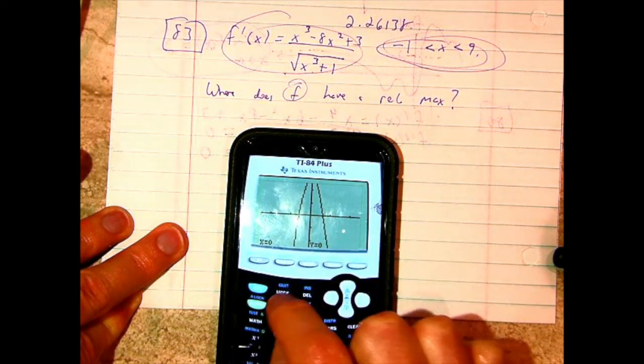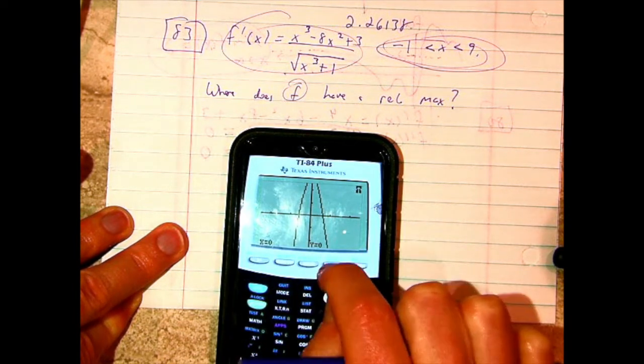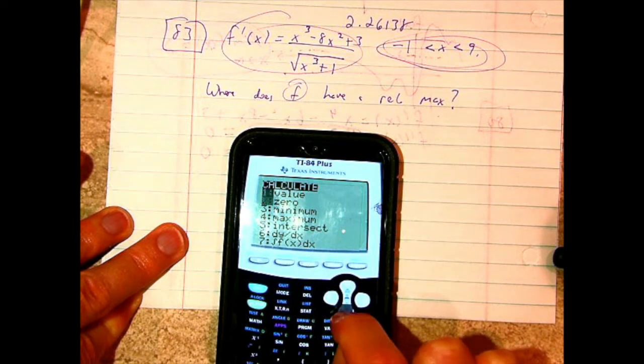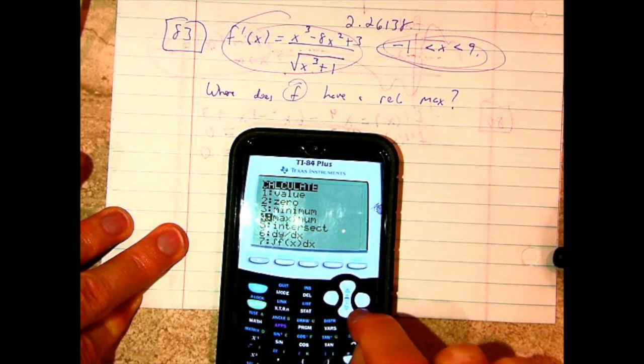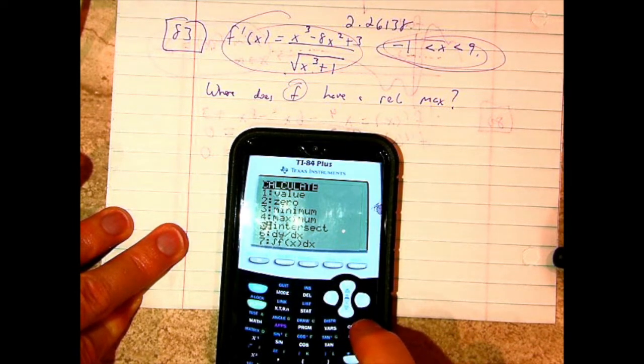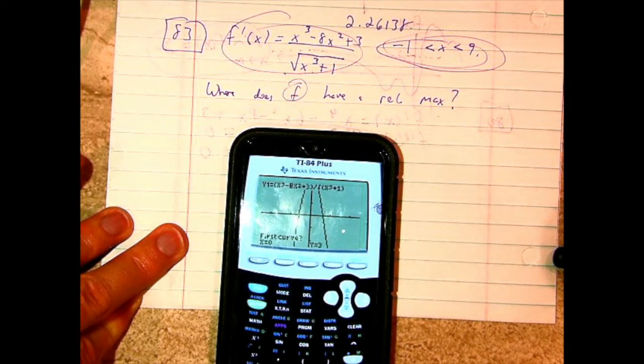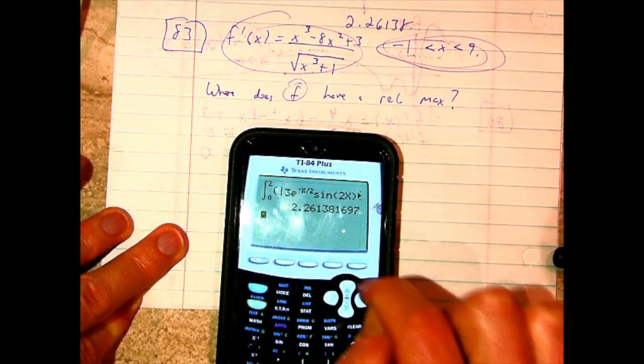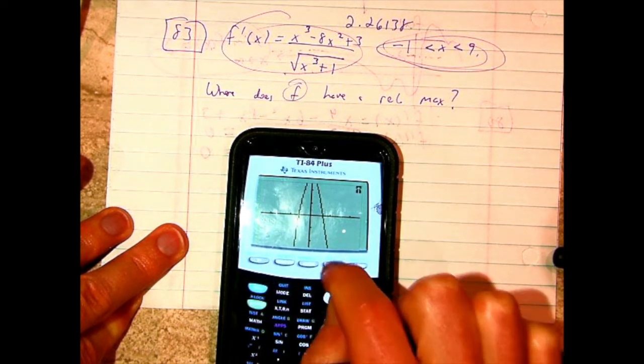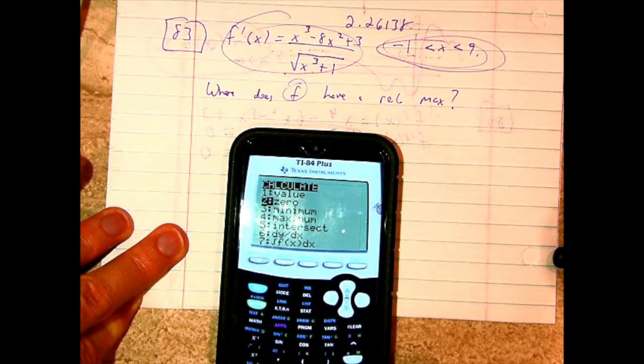So this thing right here, whatever that point is, how do we find it? Well, you can go to second calc and go to intersect, right? Oh, actually, no, that's not really what I want. Not intersect. I want zero. So I go to second calc to zero. There we go.